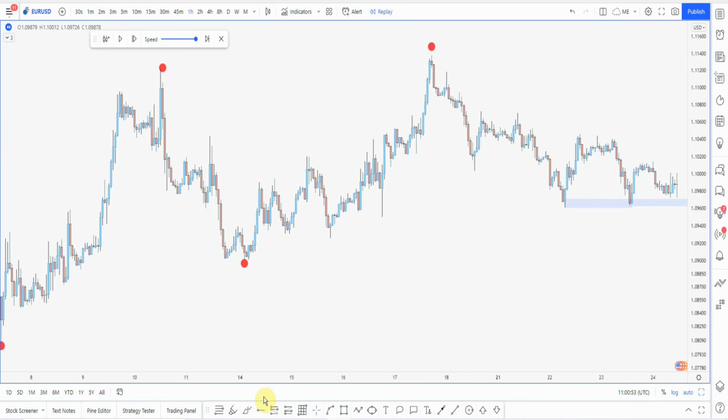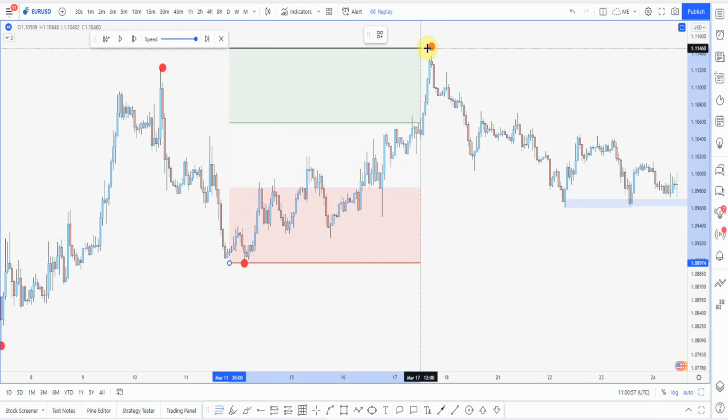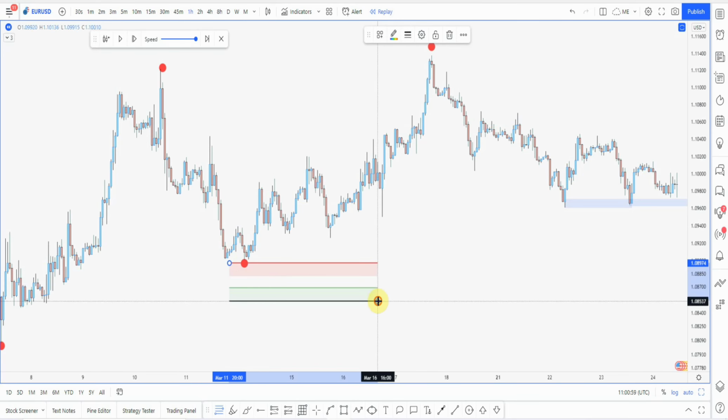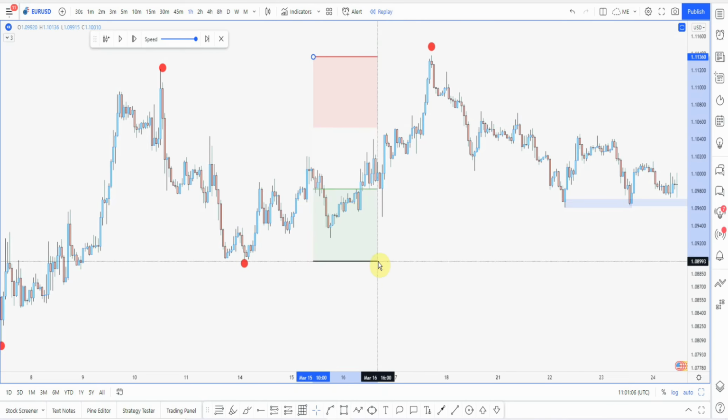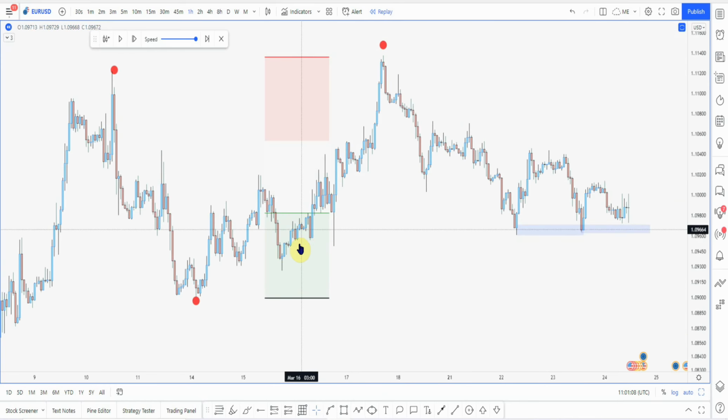Okay, we will trade when the market is in discount and premium. Okay, we are looking for buys in the green zone and looking for sells in the red zone. And here we go.